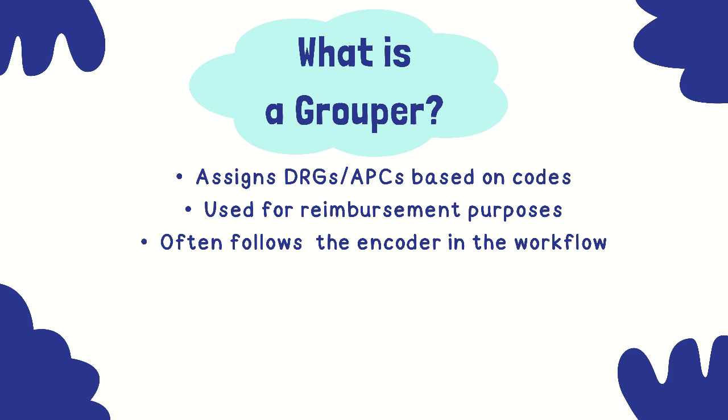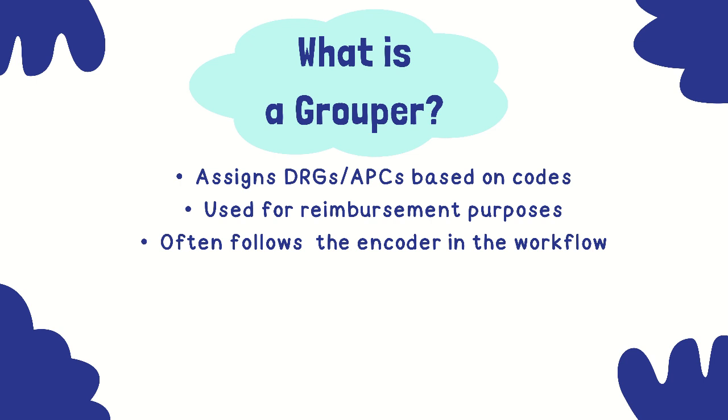So, groupers actually take the codes that you have assigned and classify or convert them into groups. And so groupers can help us get the DRG, which, as you know, is used for inpatient coding, or APC, which is used for outpatient care.